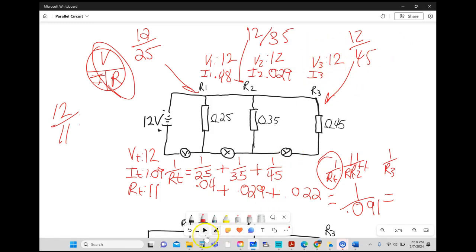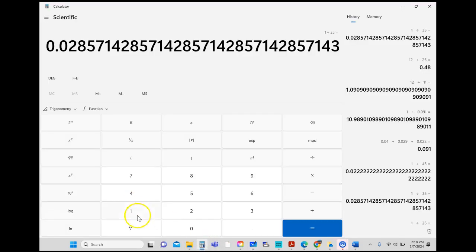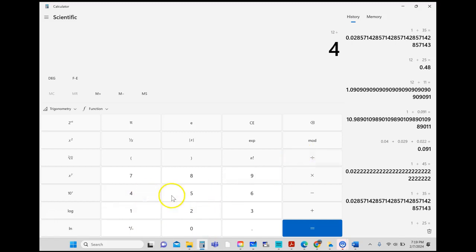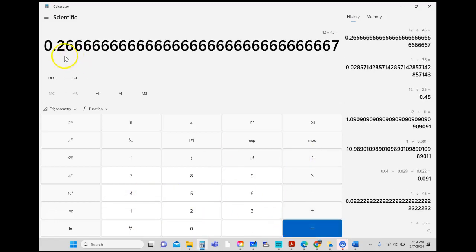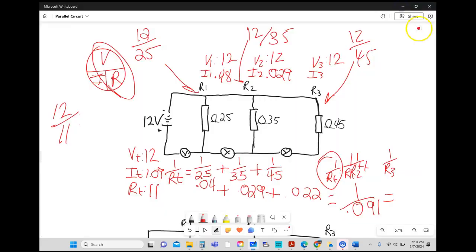And then we're going to do this last one, which is 12 divided by 45 equals. And we're going to call that 0.267. Okay, so that one's going to be 0.27.